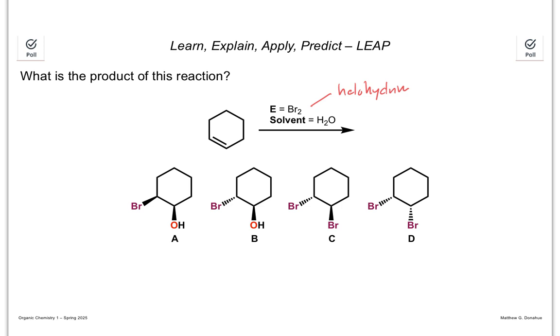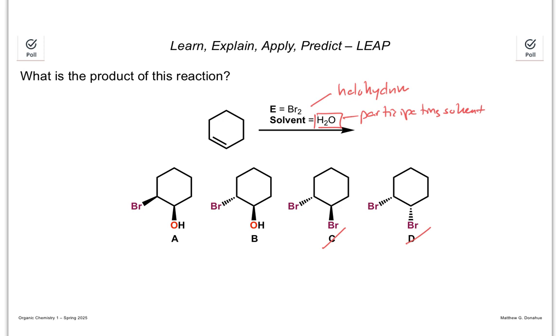Based on that information, can you eliminate any responses? We can eliminate C and D. Why? Because again, that's a participating solvent. So you have to see some of those things in the product. So in this case, OH.